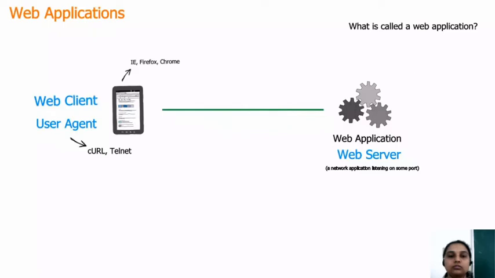So the web client or the user agent communicates with the web server to get its job done, and for this communication, and actually for any communication, both parties need to use the same set of rules or grammar, which we call a protocol in technical terms. You got what is called a protocol?